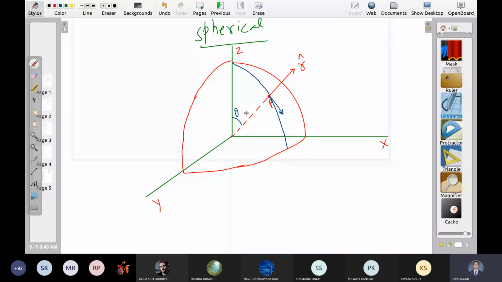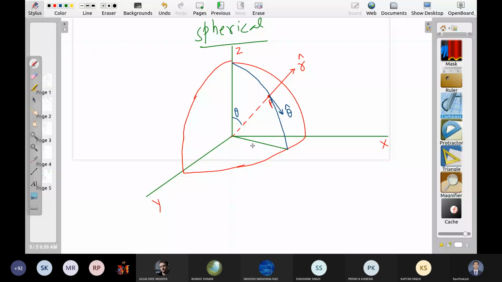Theta. Now if we take theta equal to pi by 2, it will reach the horizontal part of this sphere, means here. This angle is called phi.